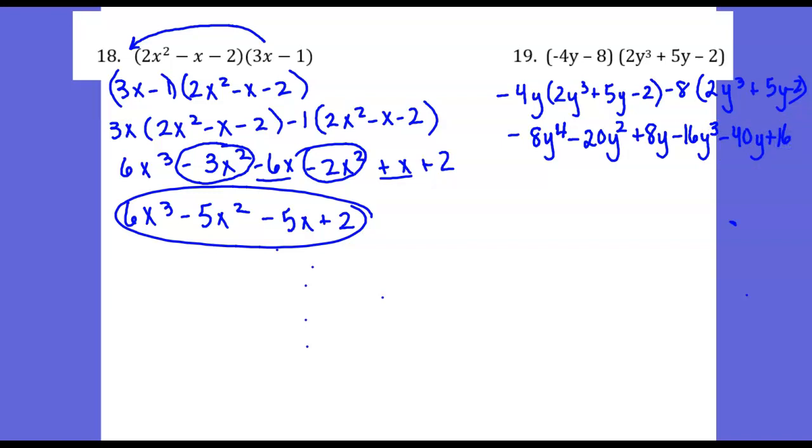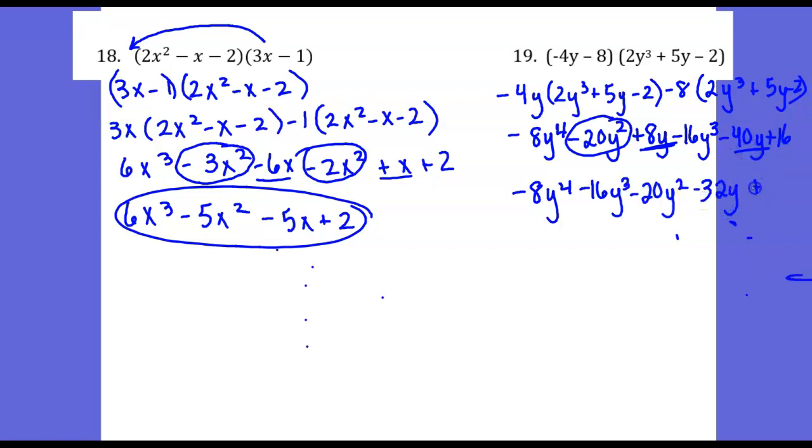Now when we combine our like terms, we end up with negative 8y to the 4th. We've got our negative 16y to the 3rd and our negative 20y to the 2nd. We can't combine anything with the y squared, but we can do 8y and negative 40y. So we get negative 32y plus 16.